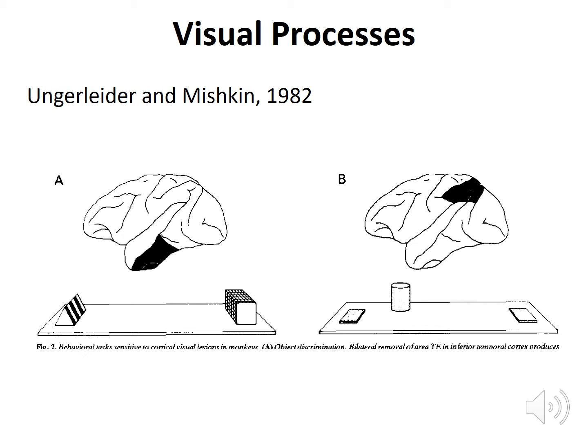And in a second task, which is referred to as a landmark discrimination task, the monkeys are placed in front of a table that had two what they called food wells. So you could open them and then you could withdraw food if there was some food reward inside.